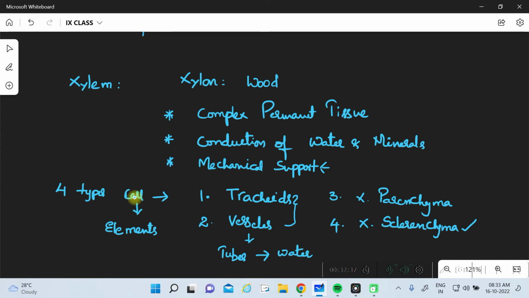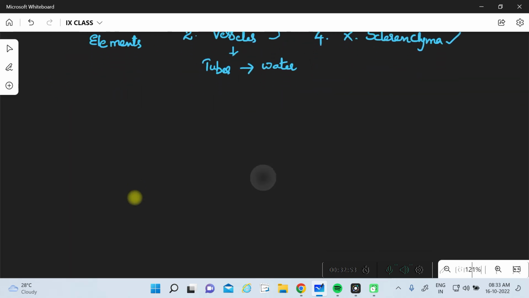Along with these, parenchyma and sclerenchyma are also present in the xylem. Now let us see how these tracheids, vessels and xylem parenchyma, sclerenchyma look.